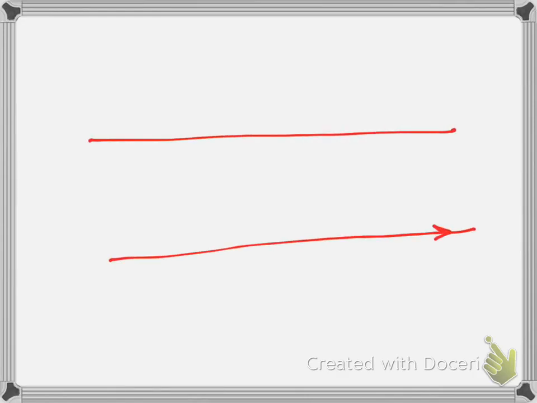So parallel lines, let's talk about things that aren't equal. How about if we draw our lines? There are parallel lines indicated by these marks. Here's your transversal. So I'm going to change color, and we're going to number this 1 and 2.